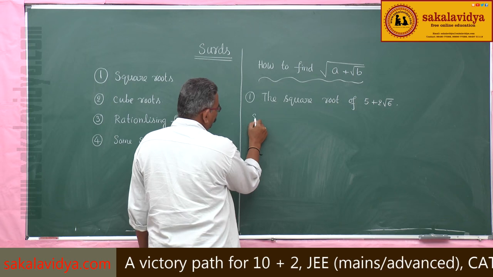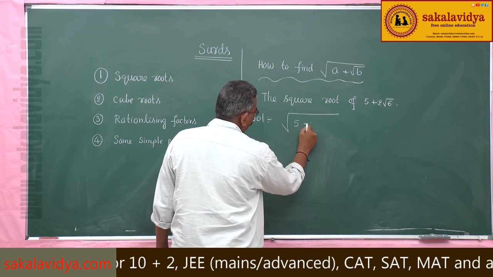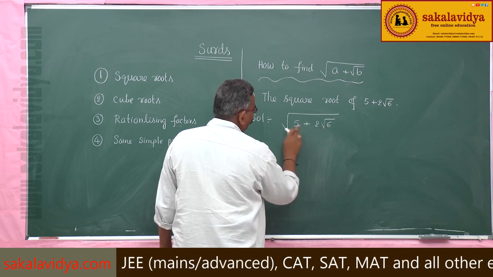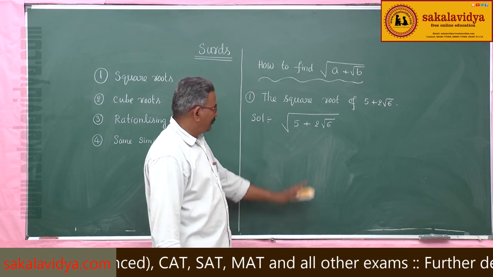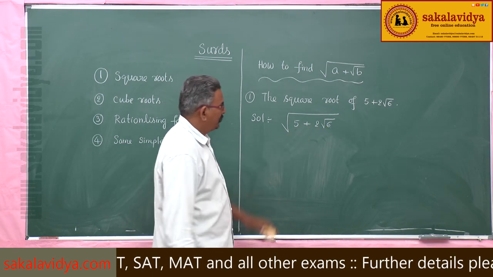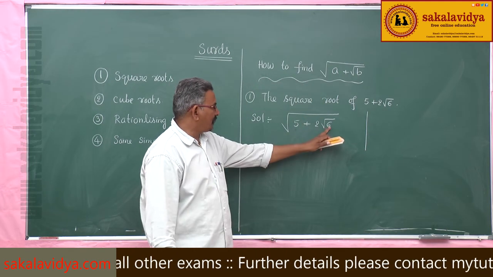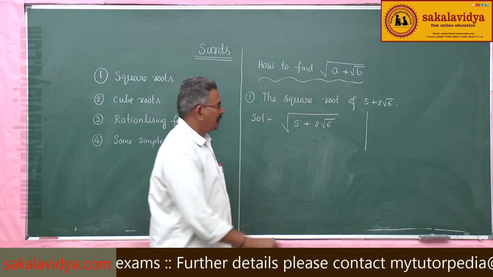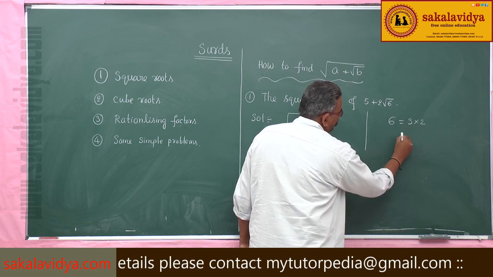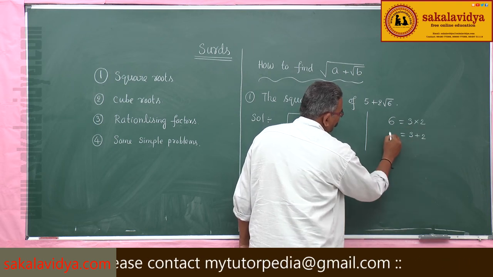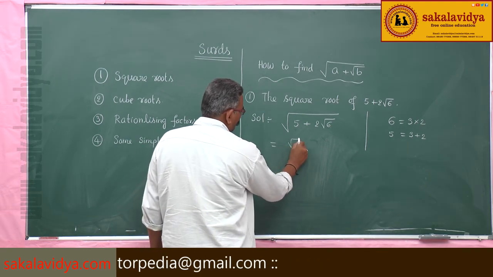For this problem, see how to find the square root. This 5 can be written as the sum of two numbers and here 6 is the product. So, we have to find two numbers whose product is 6 and whose sum is 5. 6 can be written as 3 into 2. Check it, 3 plus 2 is equal to 5. So, the answer we can write is root 3 plus root 2.